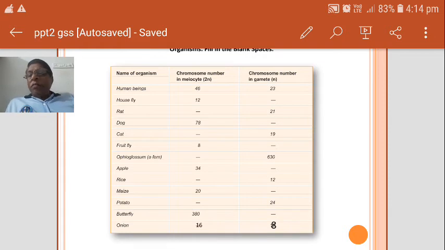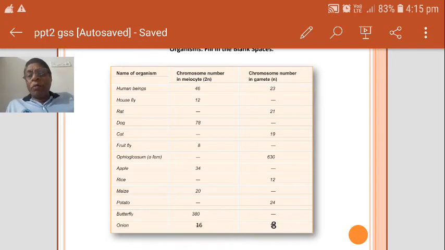The sperm or the egg contain only 23 chromosomes. What about in housefly? In housefly, the diploid number or the meiocyte contain only 12 chromosomes.